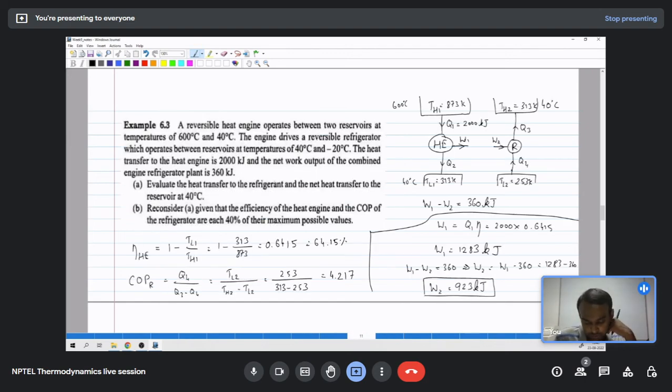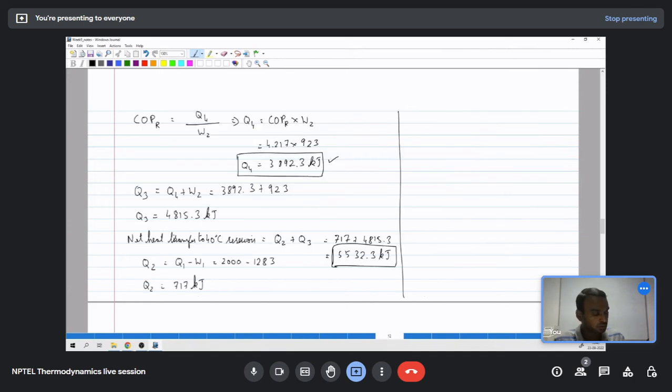Now we have to reconsider the problem, given that the efficiency of the heat engine and the COP of the refrigerator are each 40% of their maximum possible values. In part A of the problem, we had their maximum possible values for the efficiency and COP, and that was 64% for the efficiency of the heat engine and 4.2 for the COP. So now for the second part we have to take 40% of their maximum value.